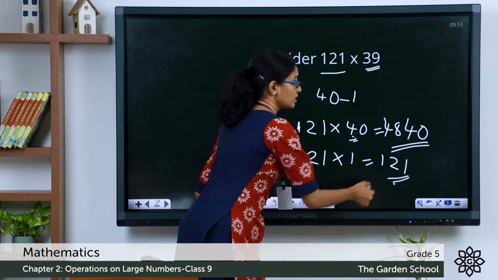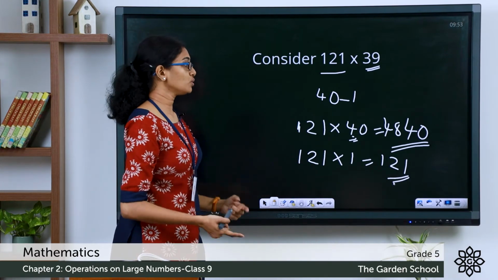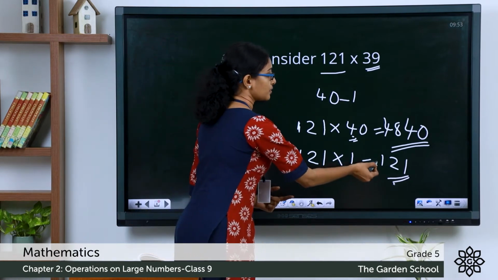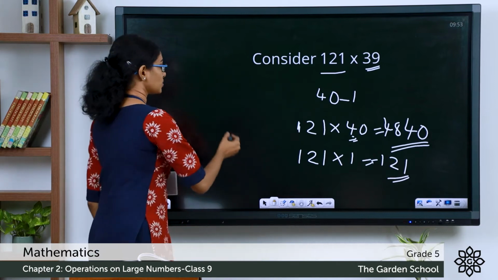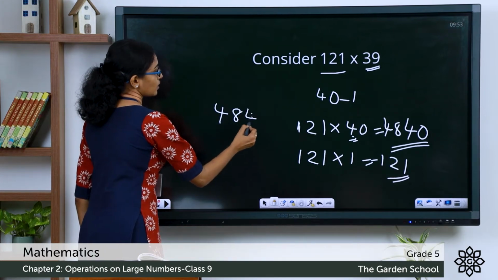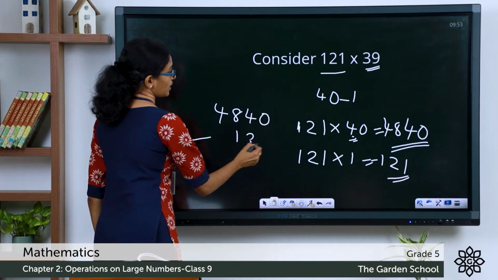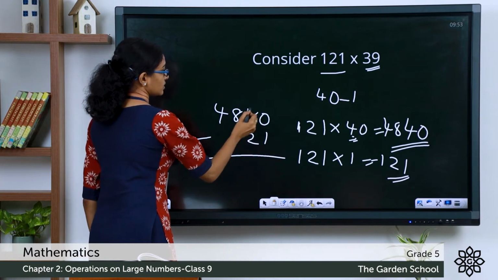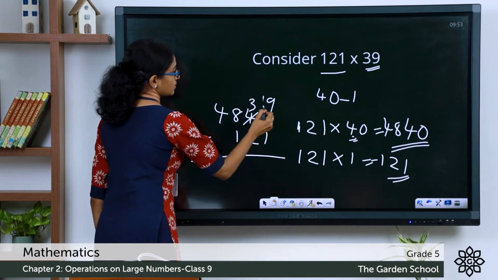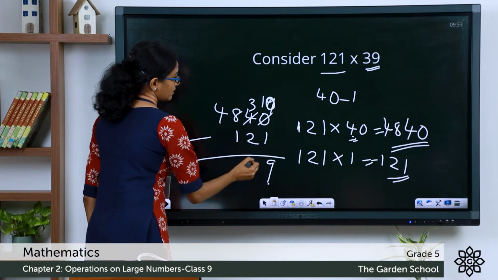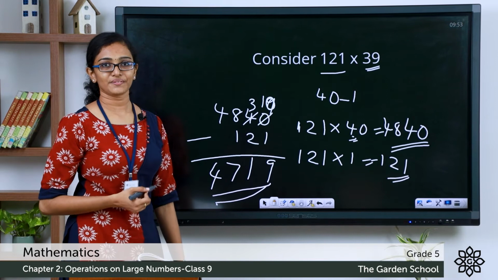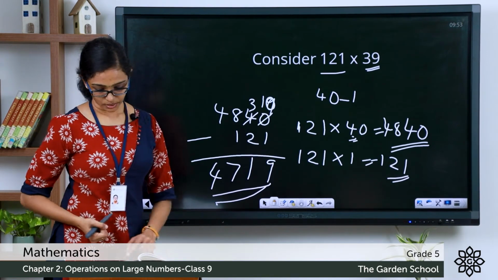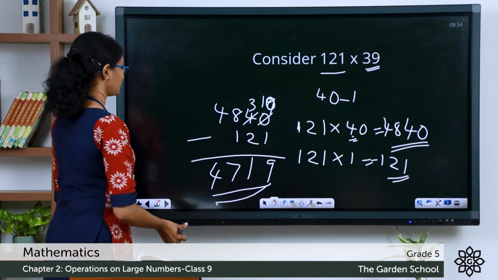What you have to do in this case, we have to subtract this one from this to make up for the 39. So 4840 minus 121. So what is the product? 4719. So I hope this is clear to you.